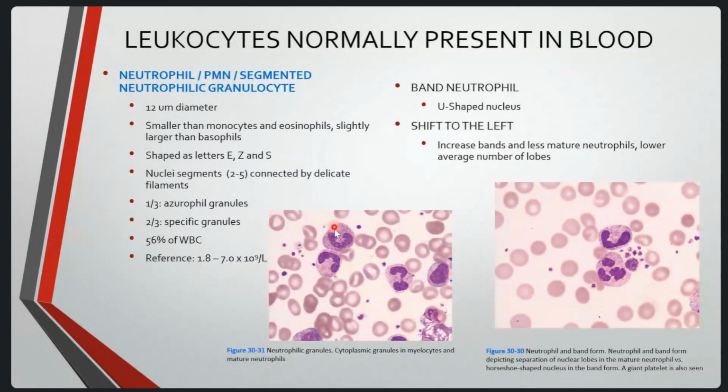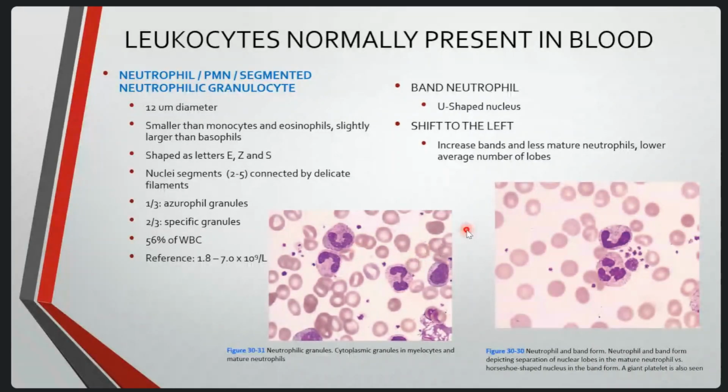They can have the shape of the letters E, S, or Z. One third of its granules are azurophil granules, and two thirds are specific granules. The reference is about 1.8 to 7 times 10 to the 9.